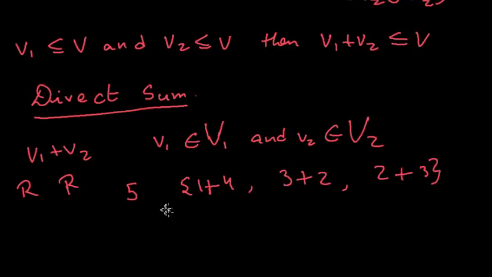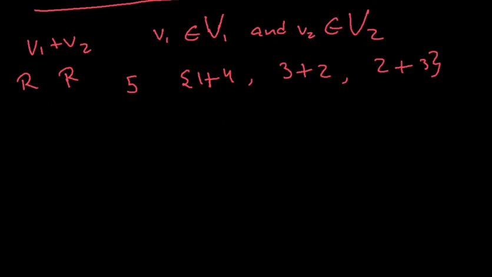But if there is only one way of writing v1 and v2, then we call that a direct sum, not the sum. And we denote that with a circle on top of the plus sign. That's how we denote this.